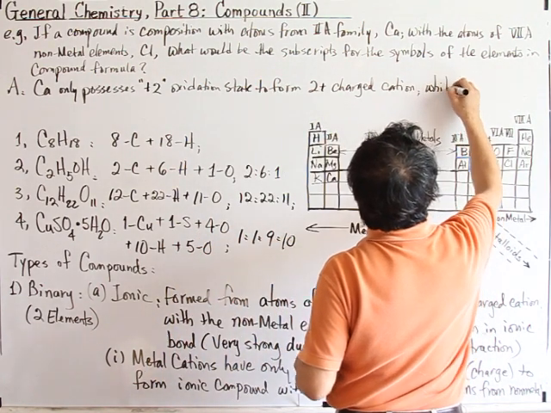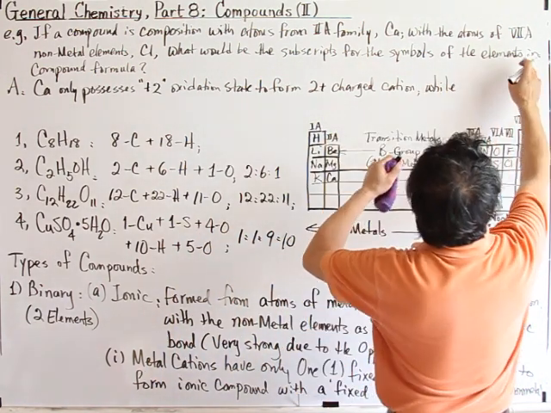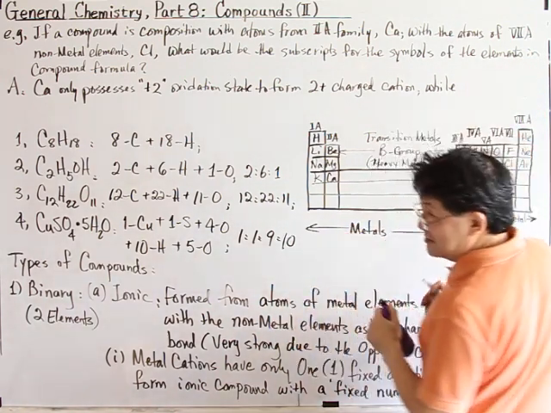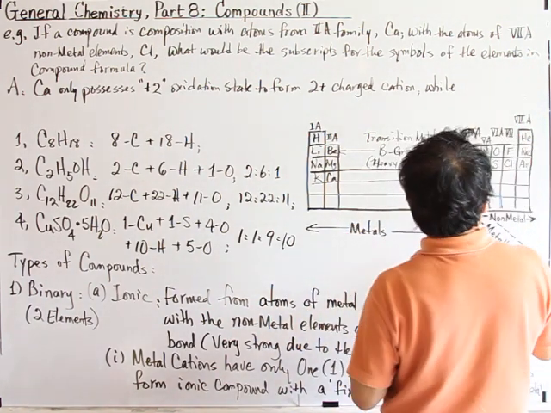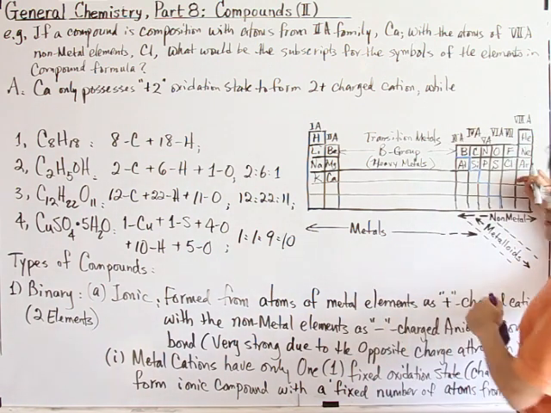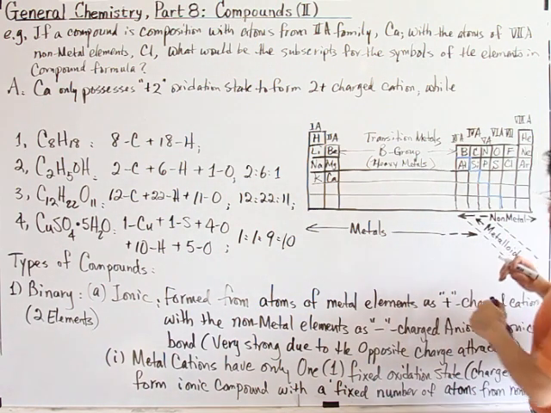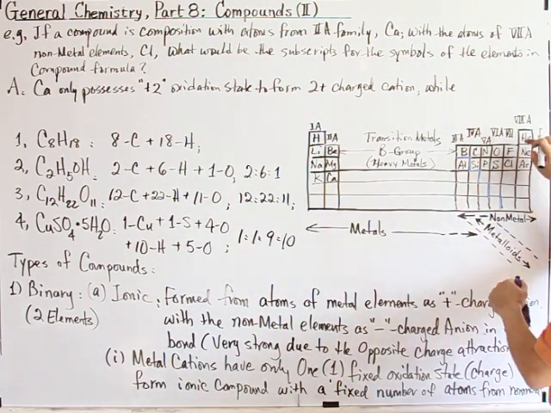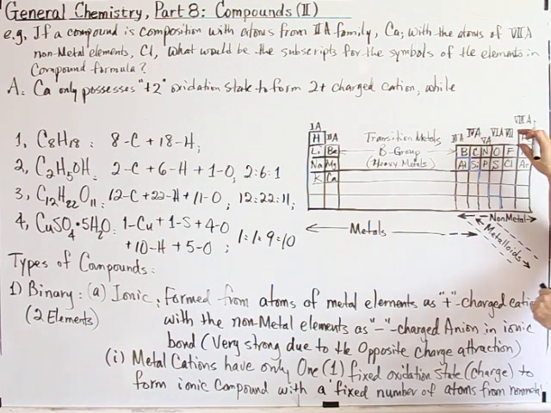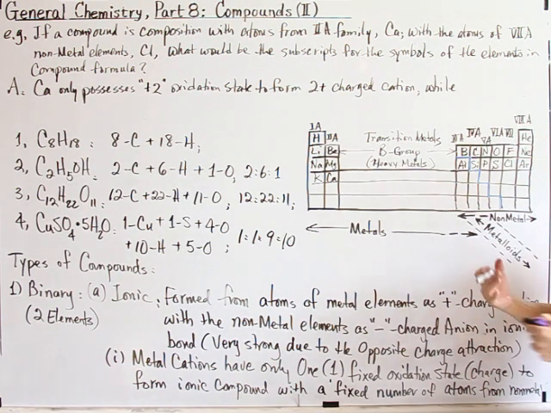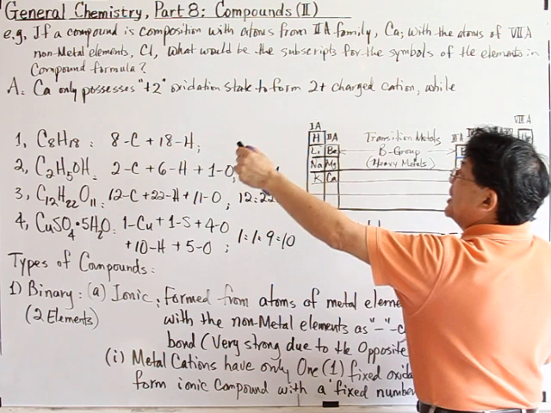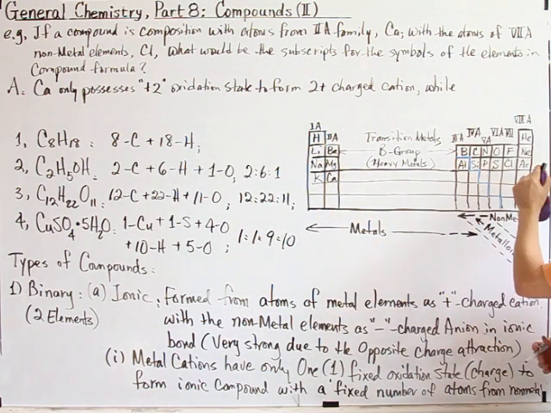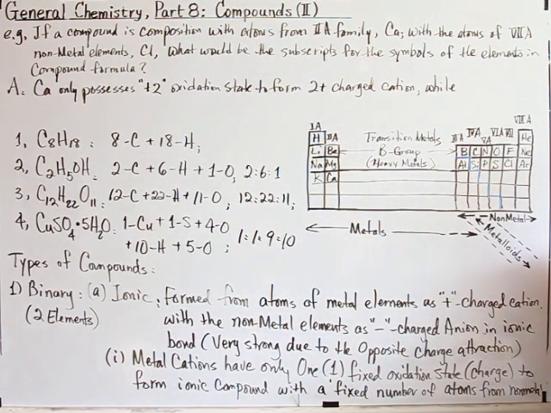While 7A, which is the halogen family, chlorine and fluorine, and we already introduced oxidation states, either plus 7 or minus 1 normally. In this case, the cation is calcium. This has to be an anion with negative charged status.